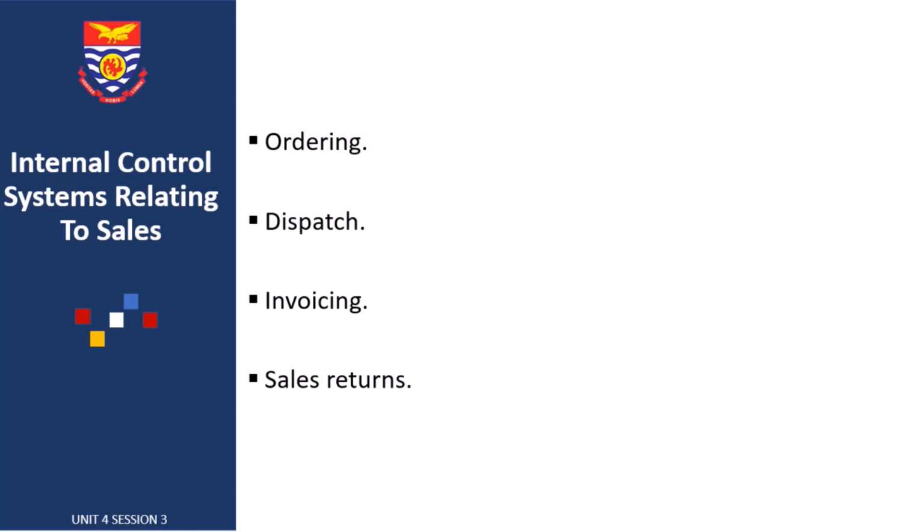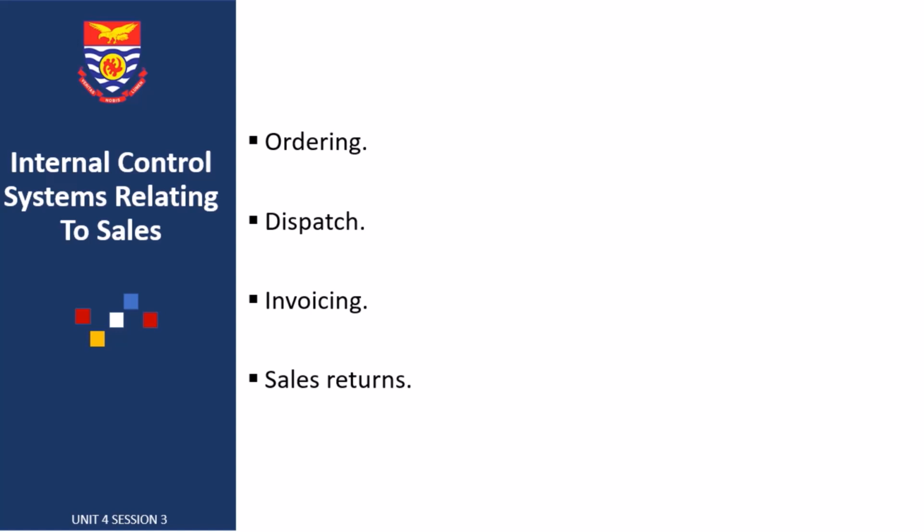Now when you come to the second internal control system relating to sales, it is dispatch. They have made the order, so you are now going to dispatch the order to the customer. Dispatch notes should be pre-numbered and a register should be kept of them to relate sales to invoices and orders.